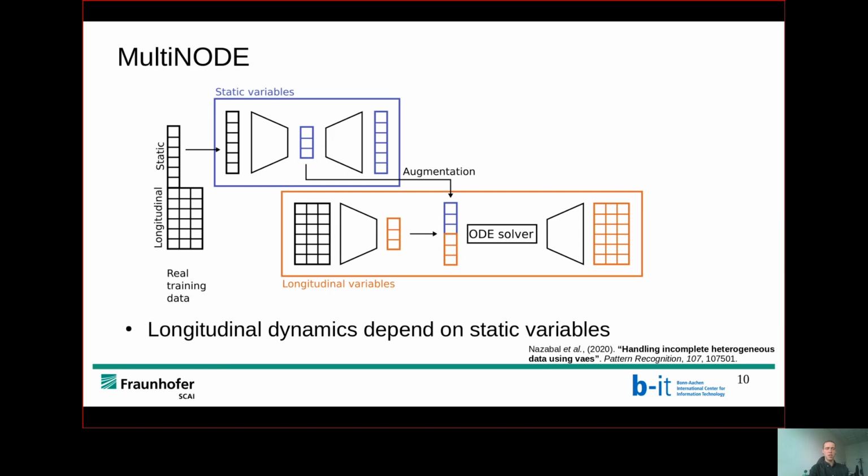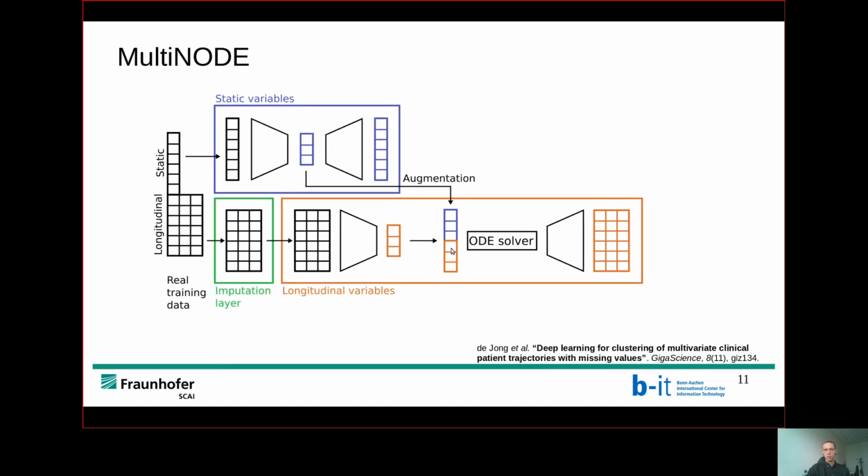And here we take the static variables, we encode them into a latent space, and then we receive a latent distribution of the static variables, which we now concatenate onto the latent representation of the longitudinal variables. And now, by using this augmented initial condition as a starting point for the ODE solver, we make the longitudinal trajectories that are learned in the ODE also dependent on the static variables themselves.